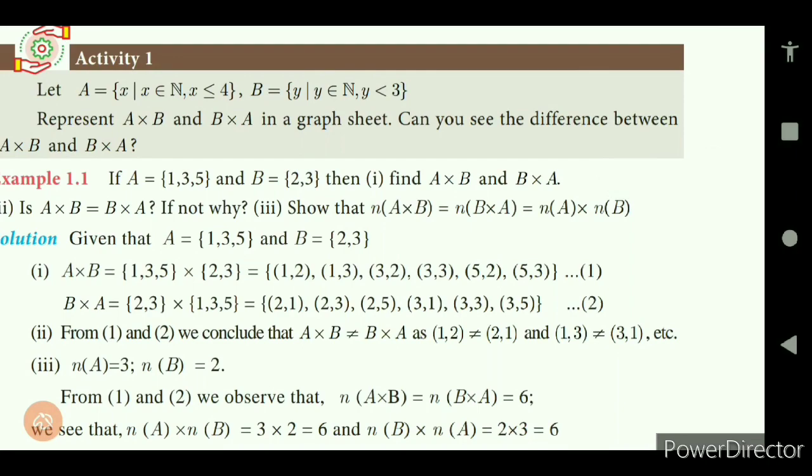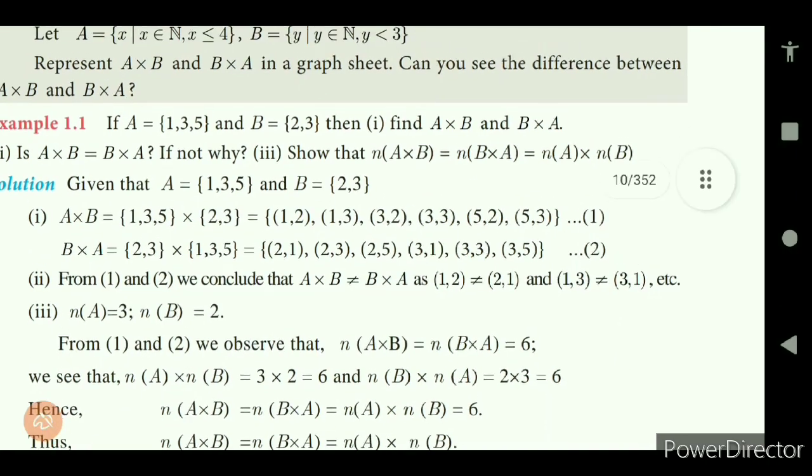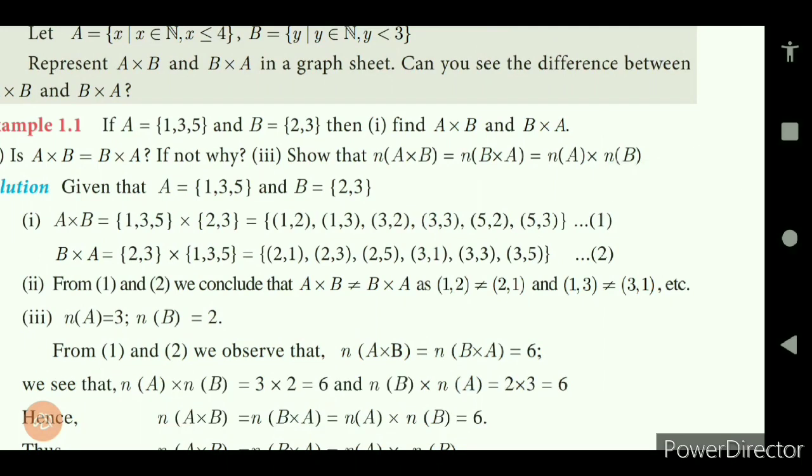See the equation. We are writing A cross B as equation 1 and B cross A as equation 2. From equation 1 and 2, are both looking similar? No. So A cross B is not equal to B cross A.